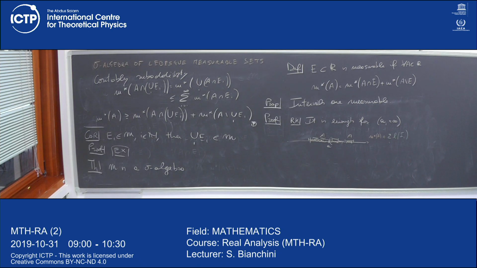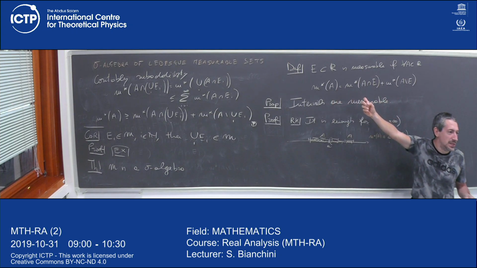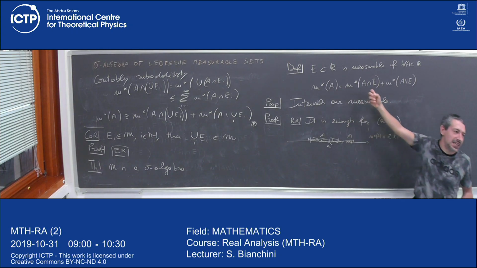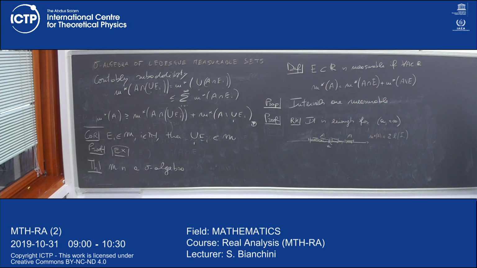There is one remark here. I'm assuming that M star of A is finite. Otherwise, that thing is a little more difficult to use, because I cannot subtract. But if it is infinite, clearly there is nothing to prove. This is plus infinity, and this is clearly less or equal than plus infinity. Now construct the two coverings.